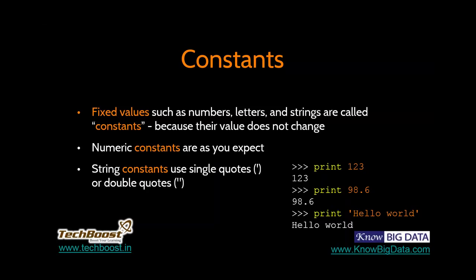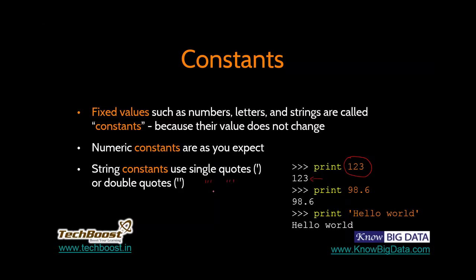Numeric constants are numbers, as you can see over here: 1, 2, 3. You print it and you get the output 1, 2, 3. String constants use single quotes, double quotes, and even triple quotes.